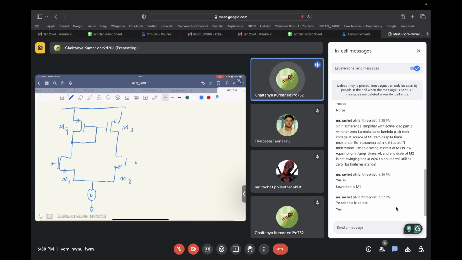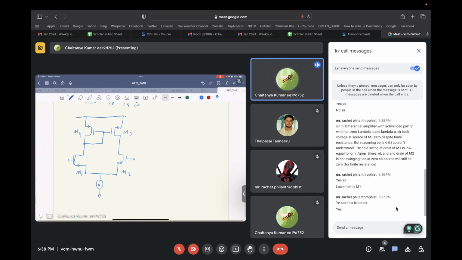So, basically, how the source of M1 behaves is, let's say you had two circuits over here. The swing at the drain of M1 is low and equal to minus gmn over gmp times Vd, and the drain of M2 is not swinging, tied to zero.